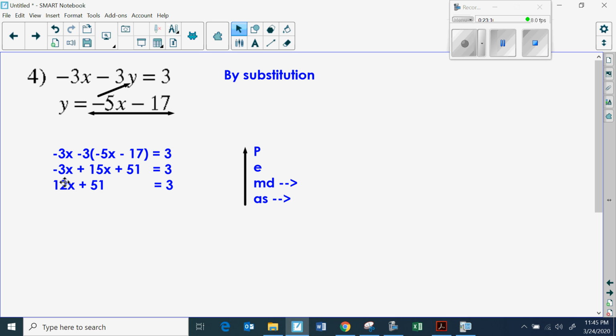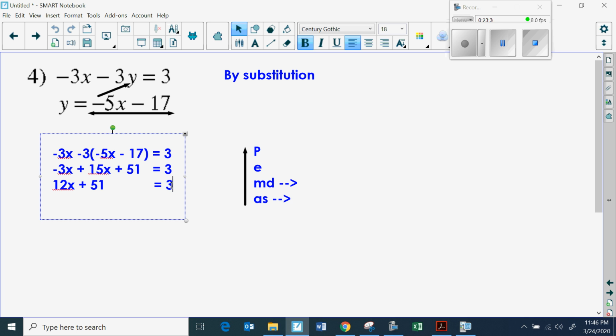Since the 12 is positive, we're going to go ahead and leave the x on this side. If this was negative, I would have told you to move it to the other side and bring the constant across. It is positive, so we're leaving it there. All right, so next, subtract. Remember, add or subtract. How do you move anything across the equal sign? The opposite operation has never changed in all of math history.